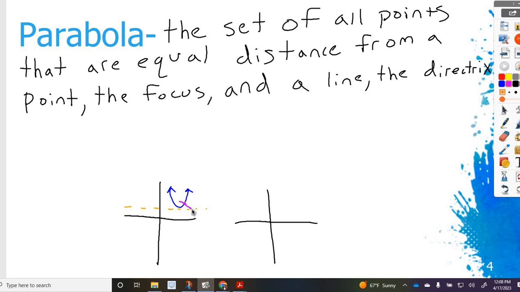And that's going to be the case no matter what point of the parabola you're looking at. Now, like I said, the only difference is that we are also going to look at sideways or horizontal parabolas as well. So they also have a focus and a directrix.